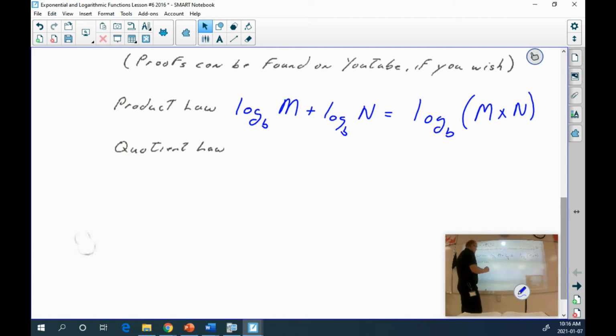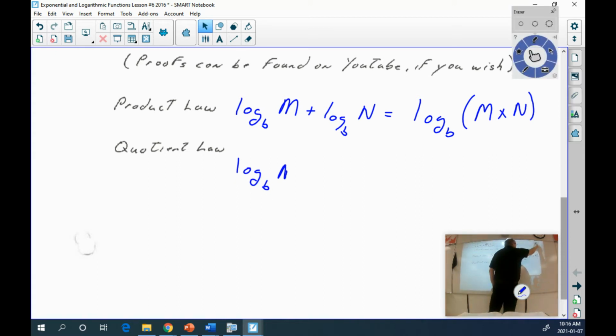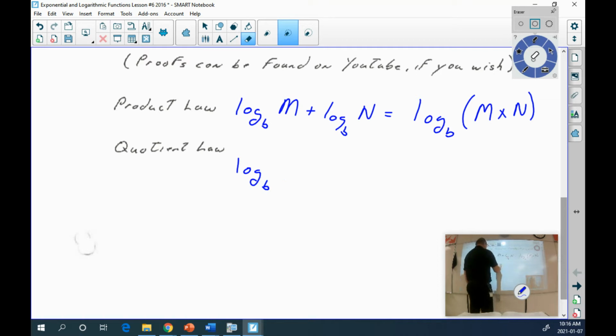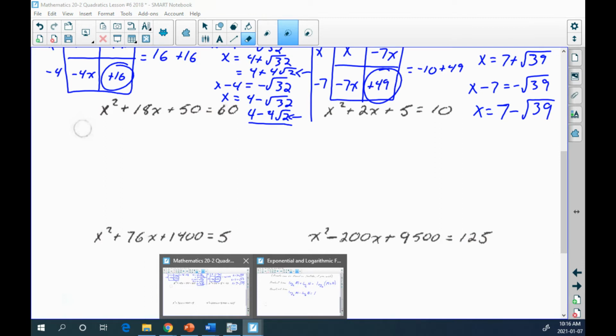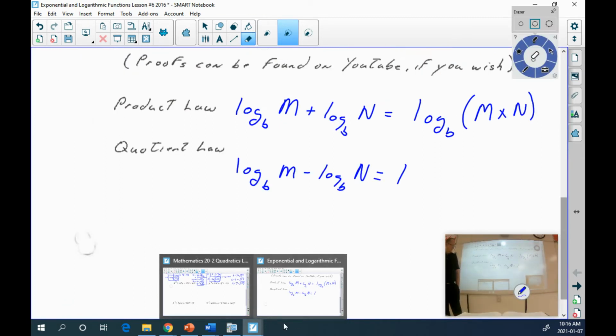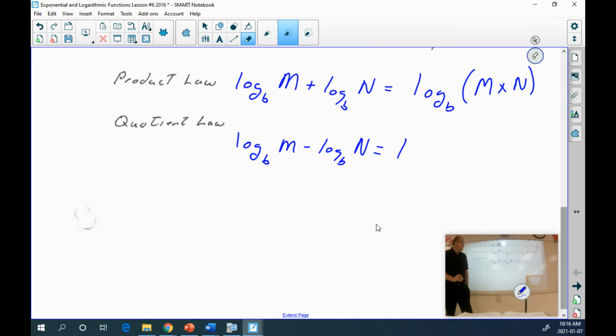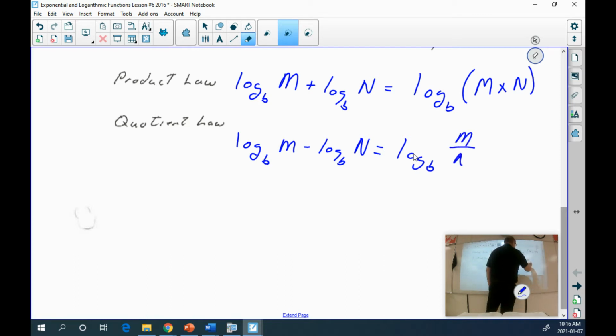The quotient law, log base b of m minus log base b of n is log base b of the quotient of those two numbers.